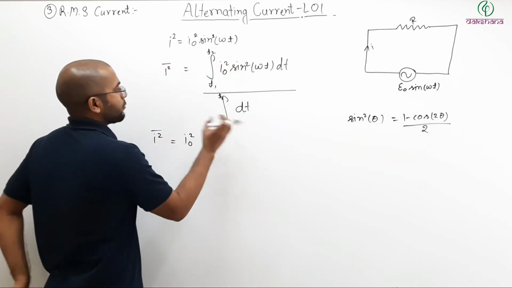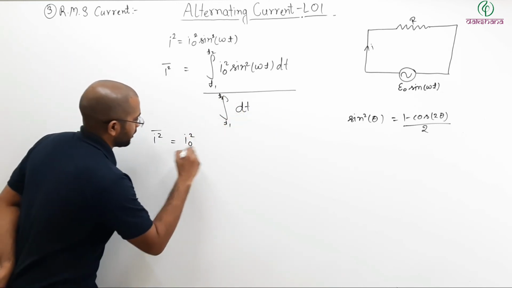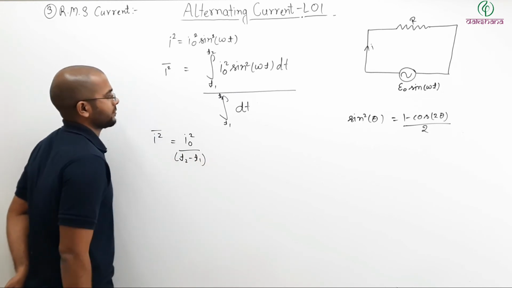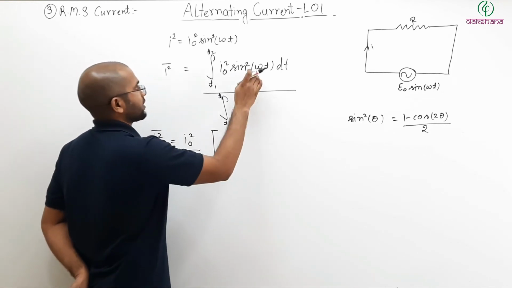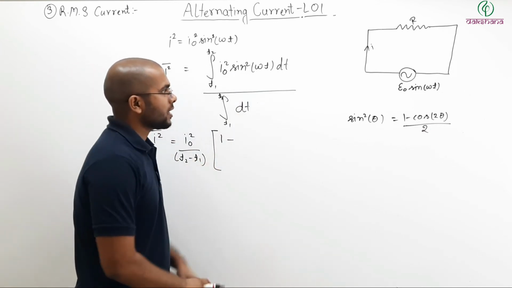So here, what is integration dt from t1 to t2? Nothing but t2 minus t1. So let us write that here, t2 minus t1. And what will this integration be?